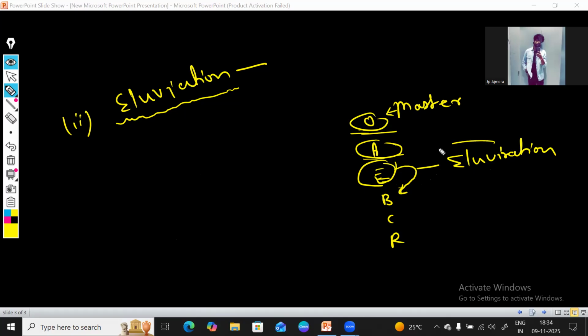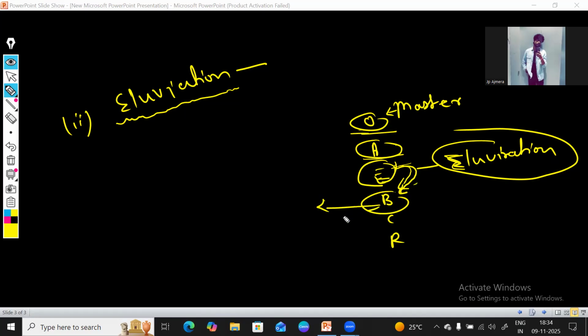Cool. This is eluviation: when the soil constituents are leached down or removed from the E horizon, that process is known as eluviation. That's why we refer to it as the E horizon, and the material accumulates in the B horizon.